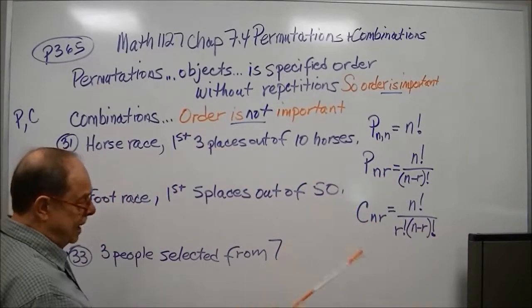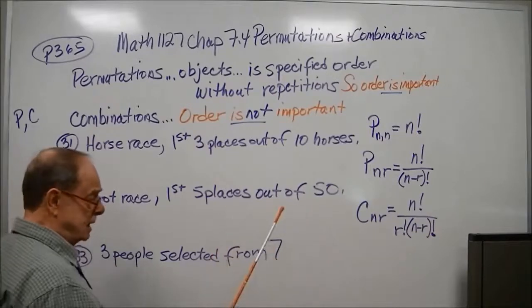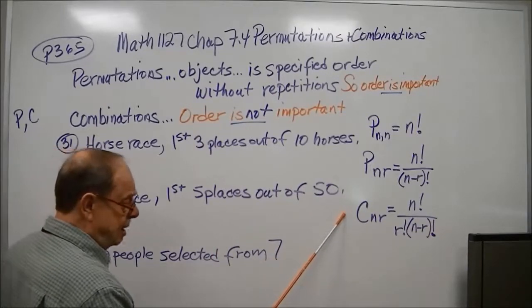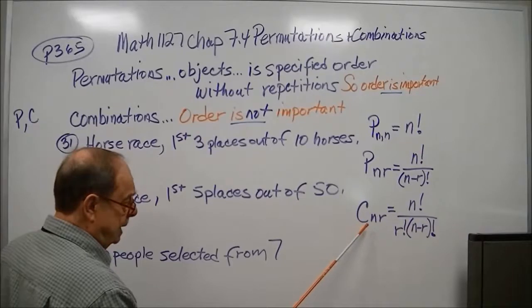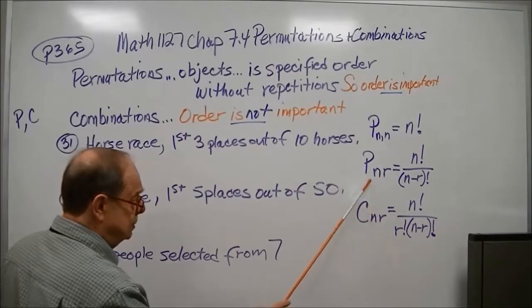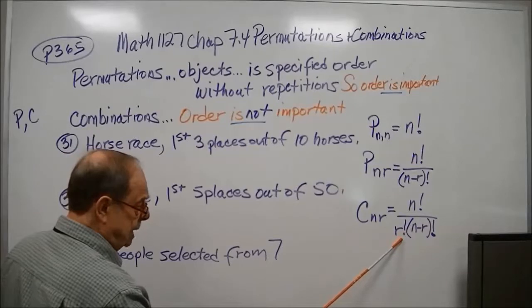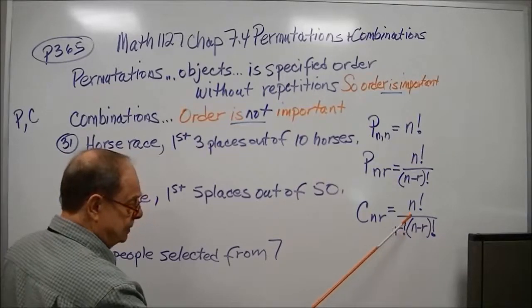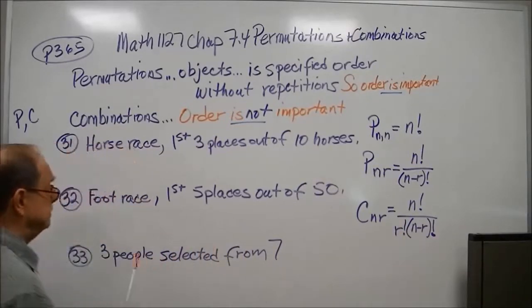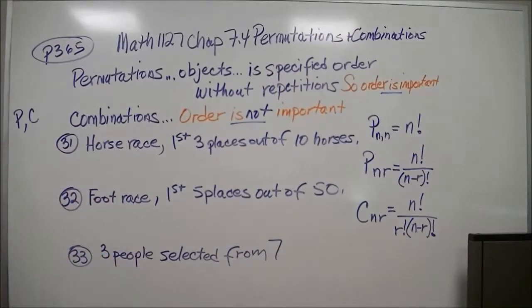And then one that we haven't done yet, but we're going to be using here, is the combination. That's similar to the permutation formula, but we have this rate outside that we also divide by. So with that in mind, let's see if we can do some brainstorming and figure out first, is it a permutation or a combination?